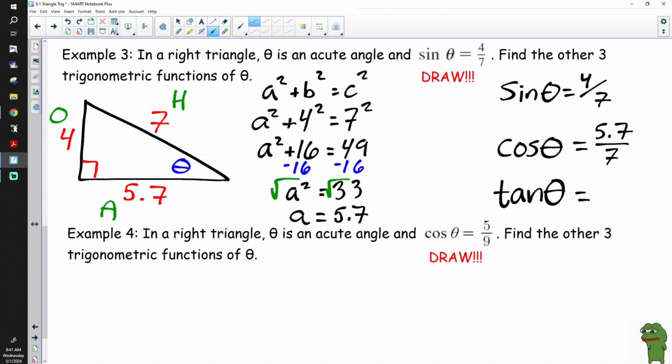And tangent's going to be TOA. Opposite over adjacent. Bingo. And guess what? All three trig functions are set up. Good to go. We done did it. Alrighty.